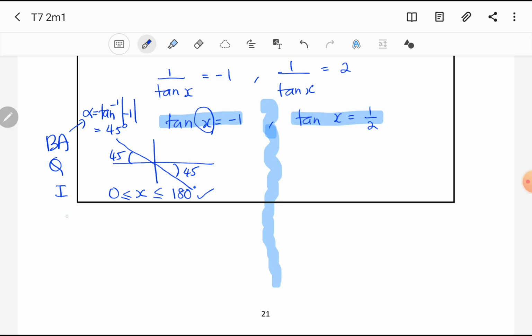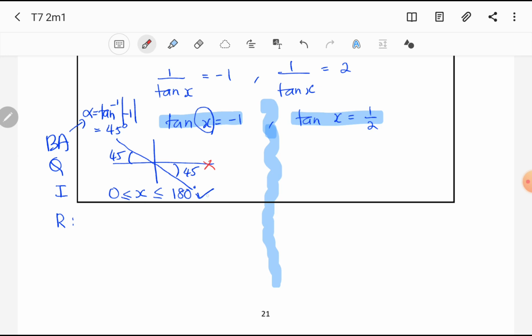Nah? Okay. So, next the rotation. So, for this case, if we look at the interval here, so we don't have to consider the negative angle. So, kita akan tengok positive angle only. Okay, kenapa? Sebab dia start dengan 0 until 180.